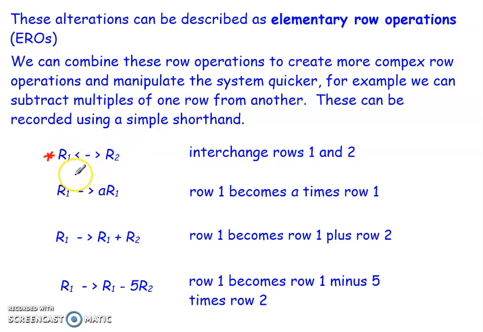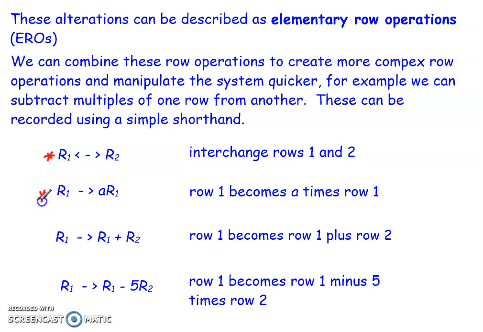So I'm swapping all of row 1 with all of row 2. Now a key thing to note is that you swap the entire row. You don't just swap a part of it. If you move one row, you have to move every element in that row and switch it with the corresponding element in the other row.